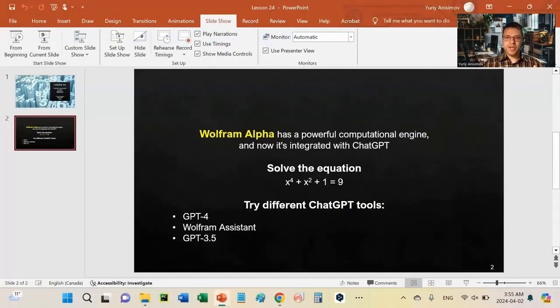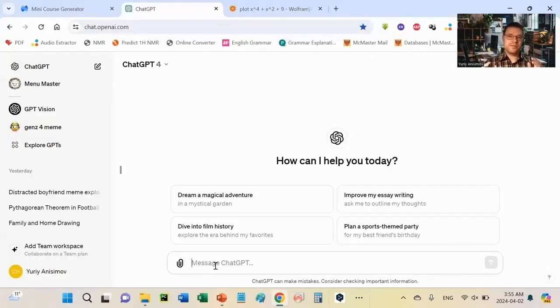Alright, so we have this equation, x to the 4 plus x squared plus 1 equals 9. Let's start with the conventional GPT-4 model. We remember that it has an embedded code interpreter, so technically it can calculate. Let's see how it performs actually. I will type: solve equation x to the 4.